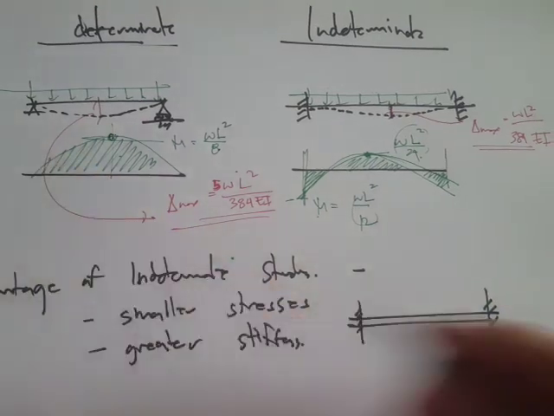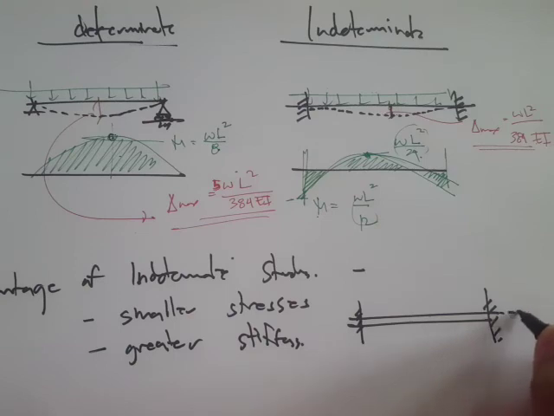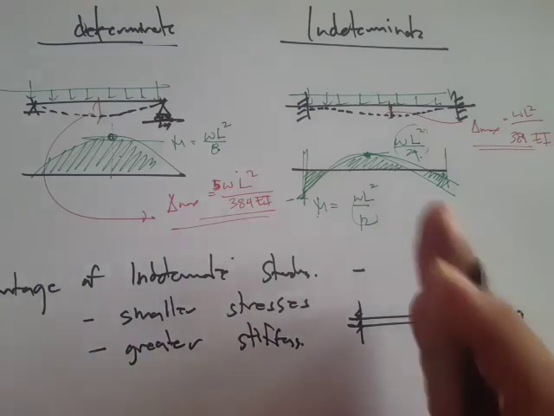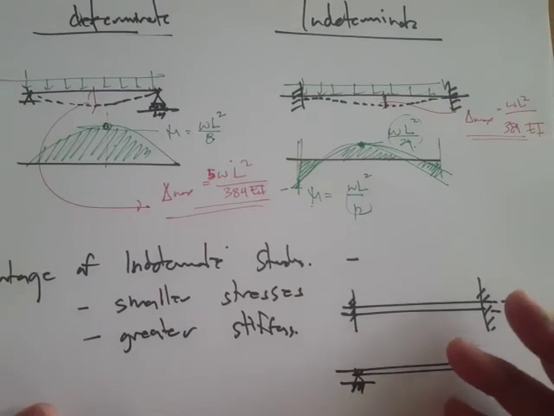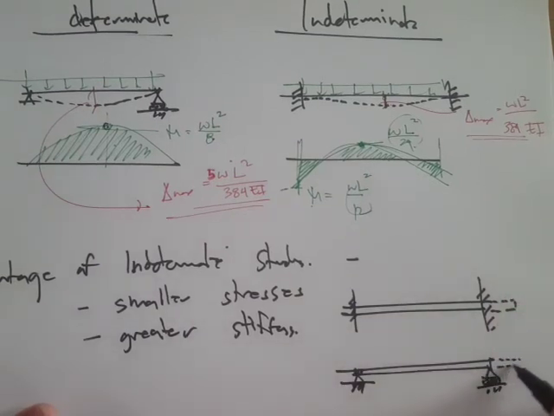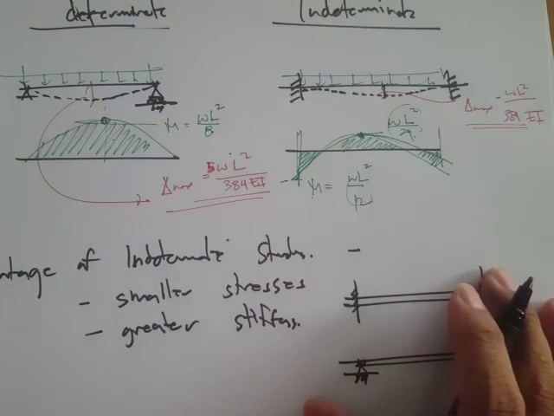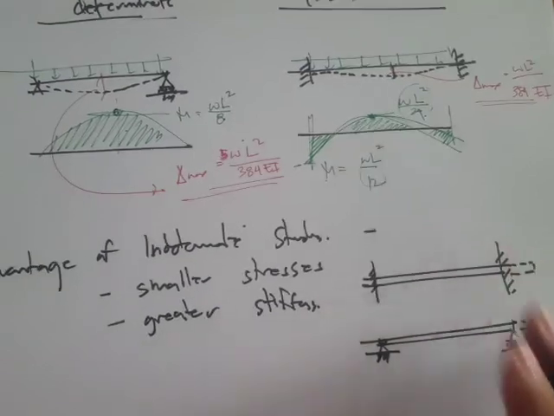So meaning that it is trying to push this support, so it is inducing stresses at that support. Whereas for determinate structures, if there's thermal expansion, then it will just move. It is just free to move. Something like that. Another one is with regard to the support settlements.